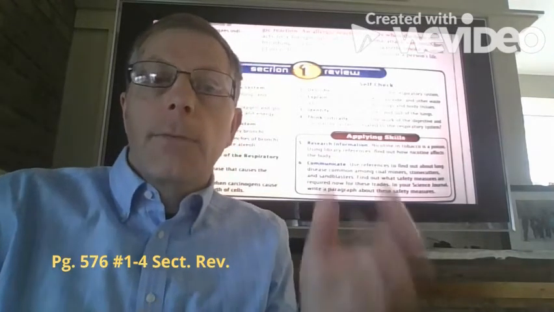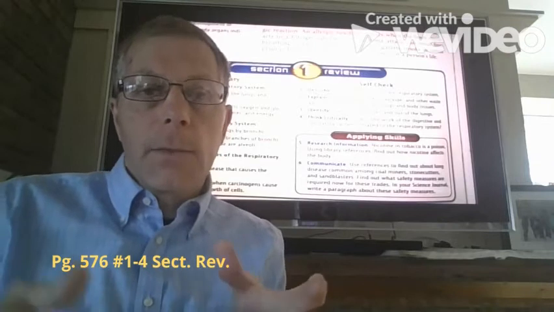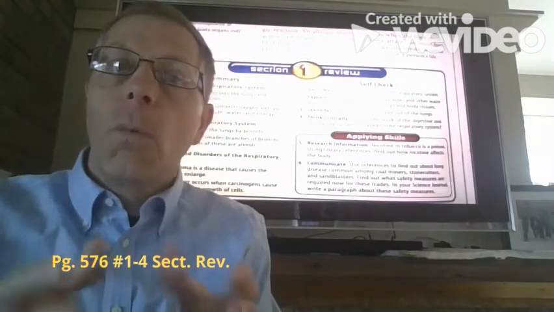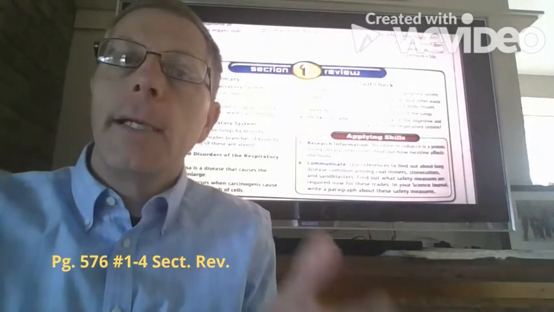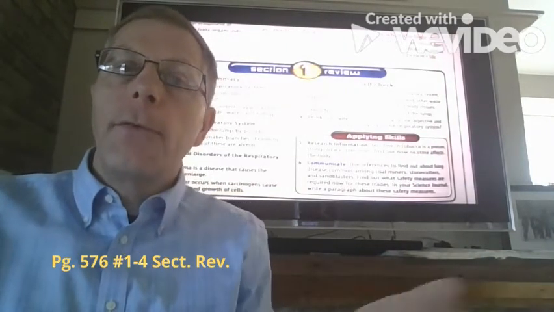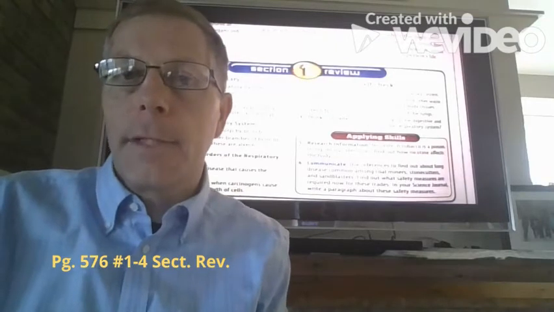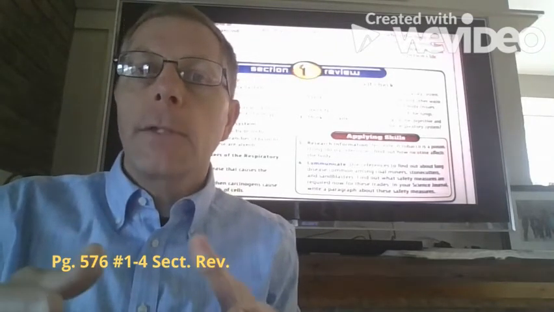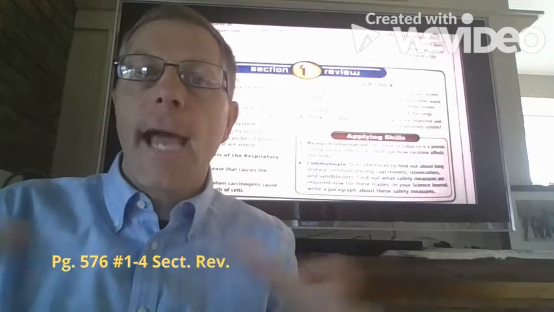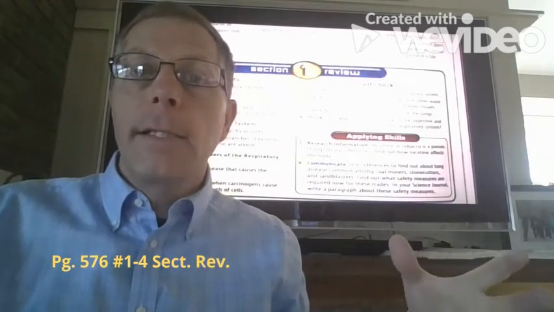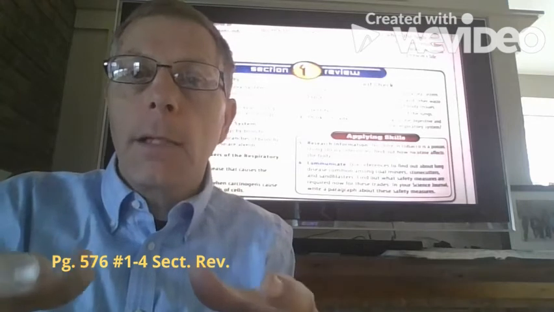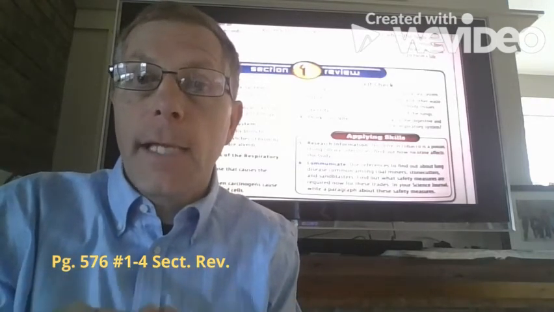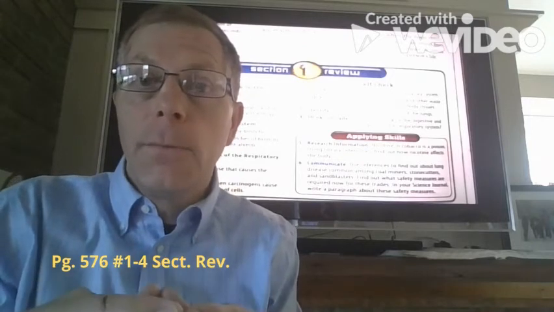It's related to the respiratory system because the respiratory system is bringing in that other part of what's needed for cellular respiration, the oxygen. So we have the food molecules coming from our digestive system, and we have the oxygen coming from our respiratory system. And our circulatory system is that highway that brings all the needed nutrients and molecules to our cells so the mitochondria and the rest of the cells can do the things that they need to do.